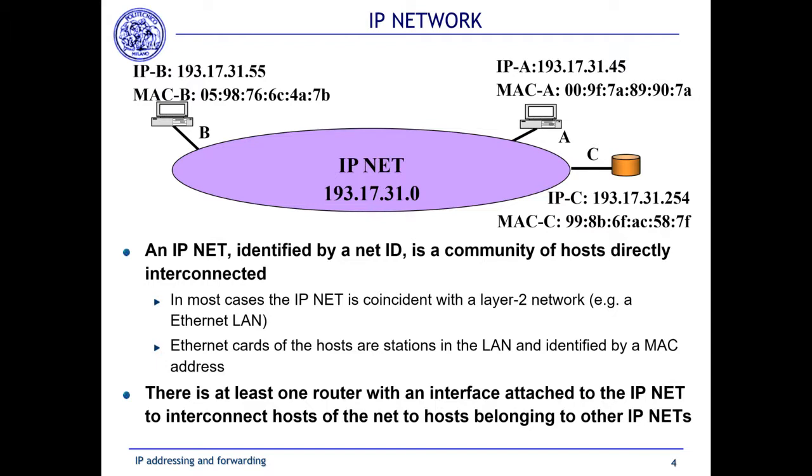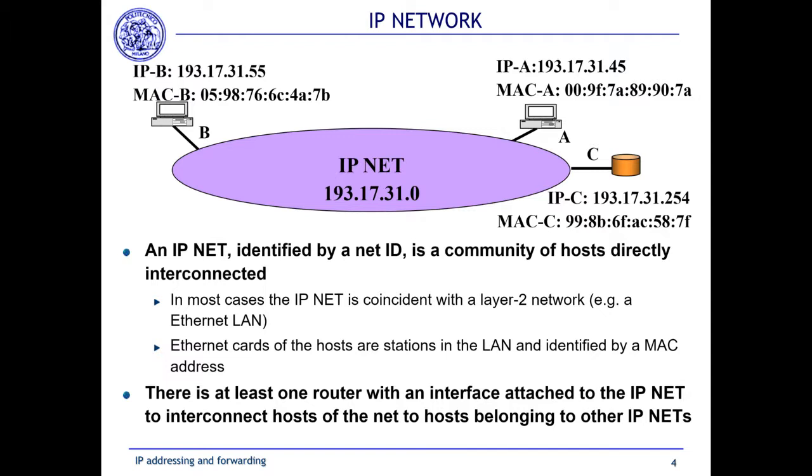So in this case, that is represented here, you see that, for example, IP address .55 is assigned to the host B. The IP address .45 is assigned to the host A, and the IP address .254 is assigned to the interface of a router that is C. B, A, and C are all connected to the same local network.